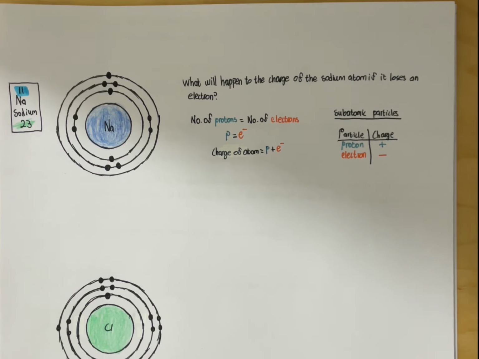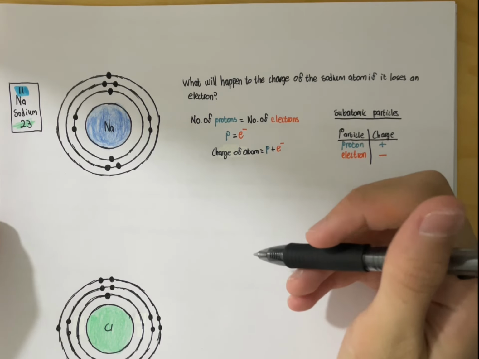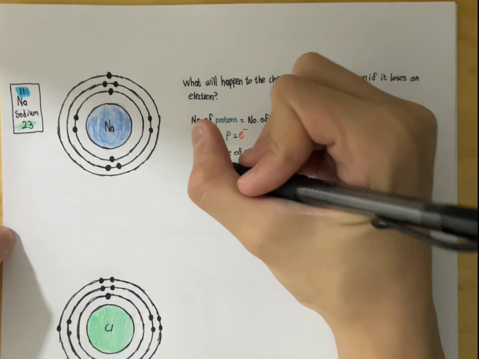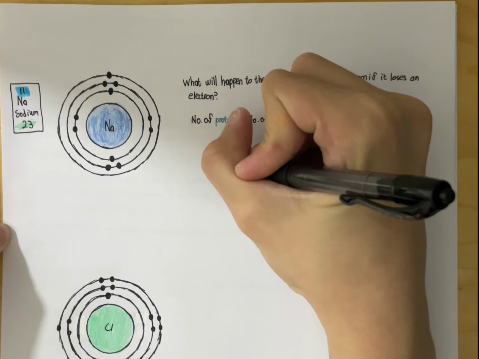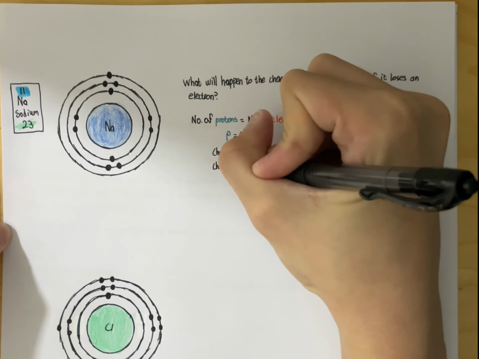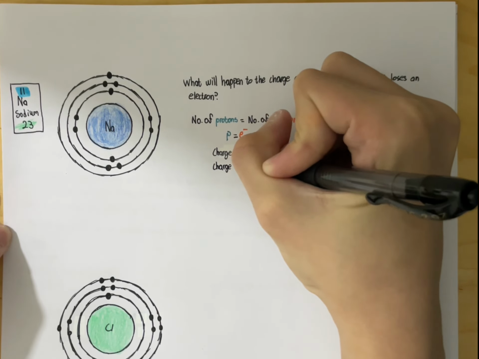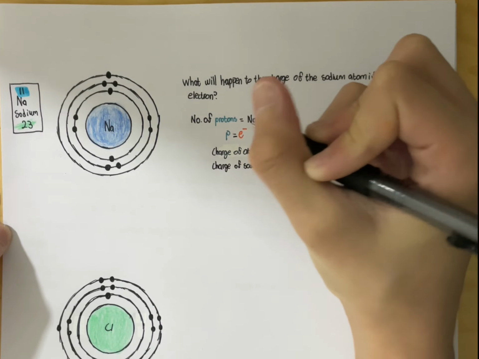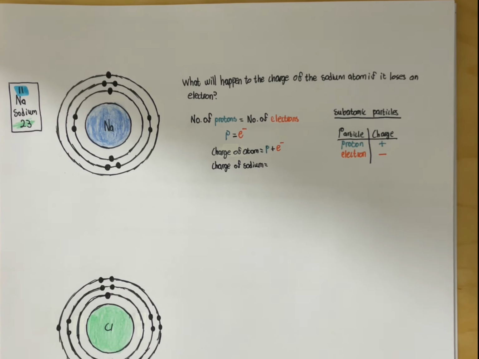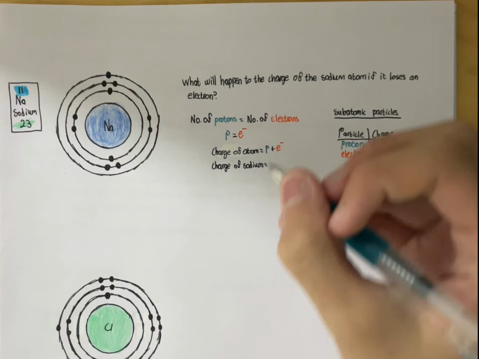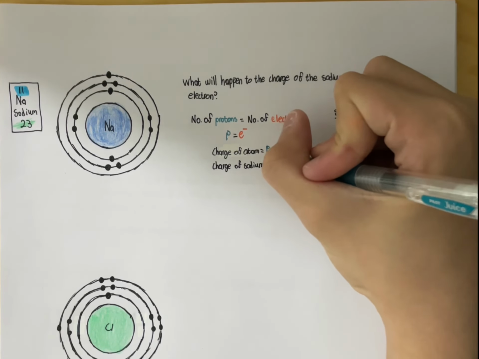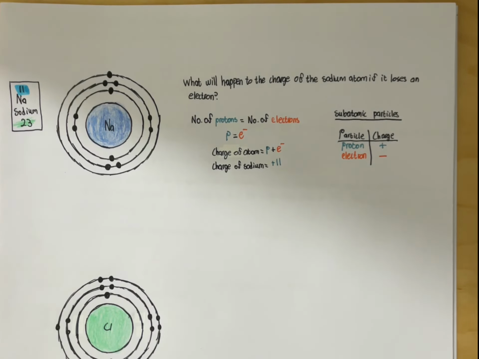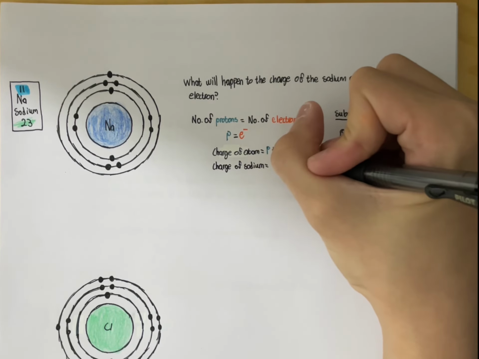The charge of an atom is determined by the number of protons versus the number of electrons. So we can determine the charge of sodium: how many protons does sodium have? Sodium has 11, so that gives a positive charge of 11, plus the electrons.